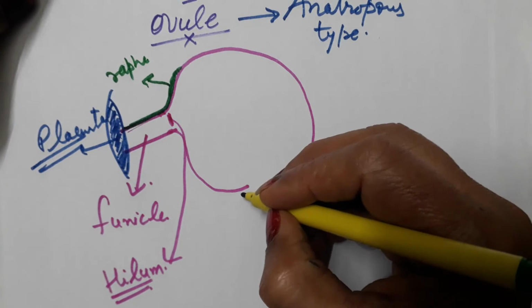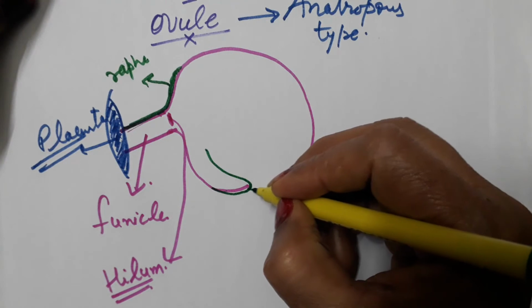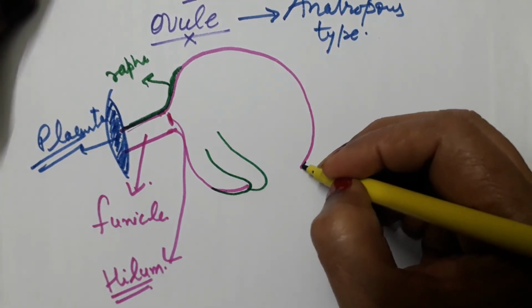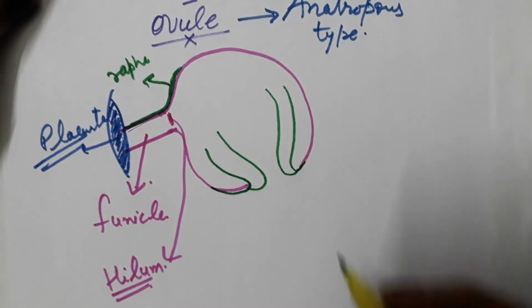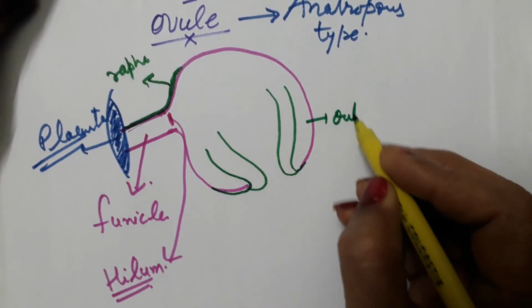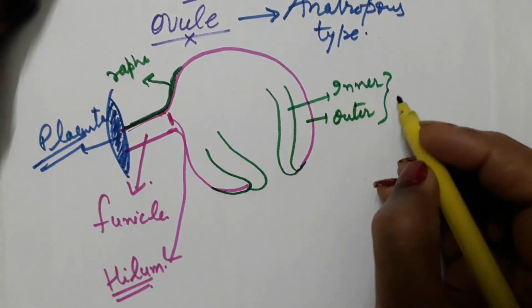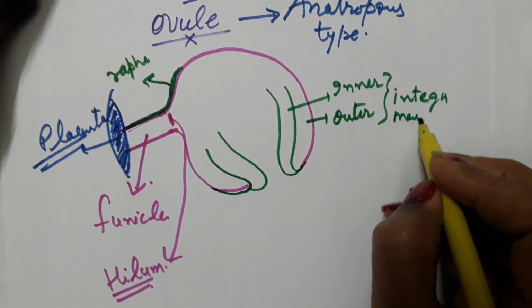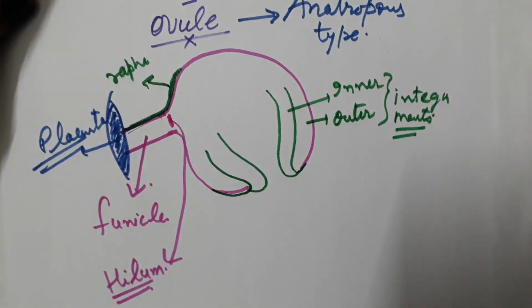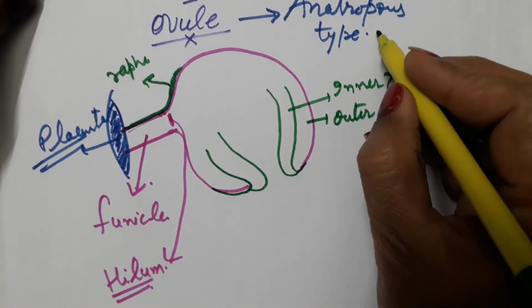Ovule consists of two protective coverings. These are known as the integuments. This one is the outer integument and this one is the inner integument. In case of angiospermic plants, the ovule consists of two integuments and represents the condition bitegmic.